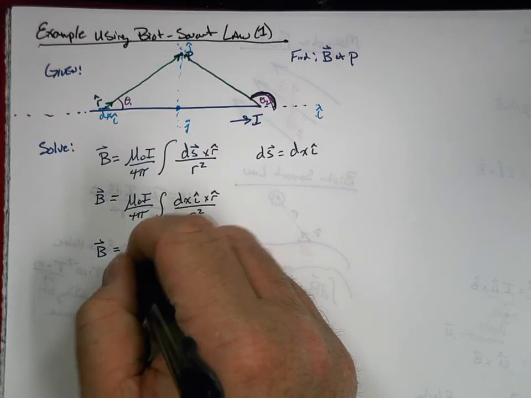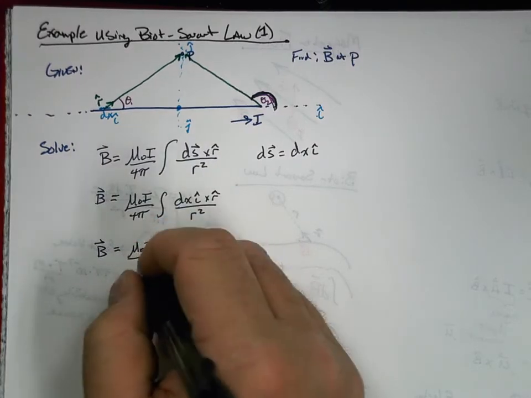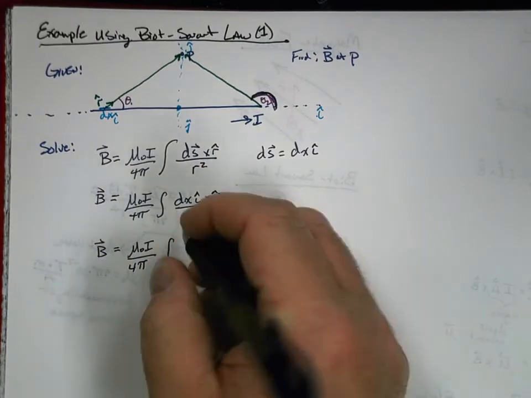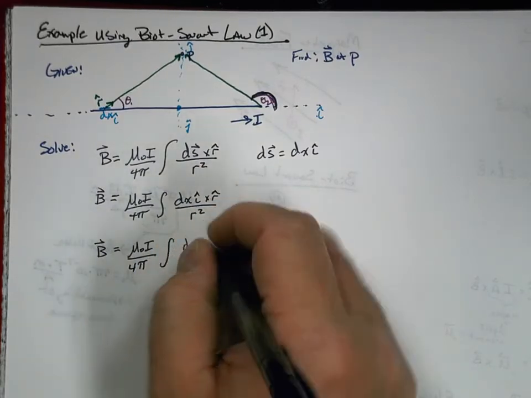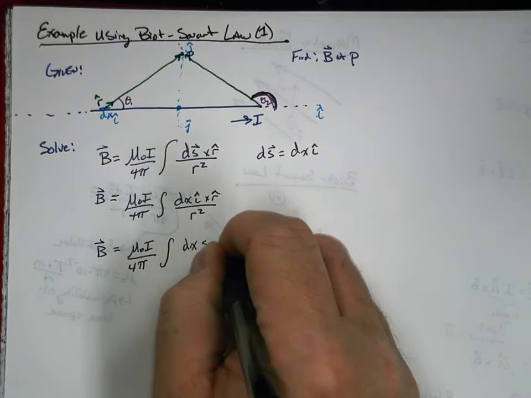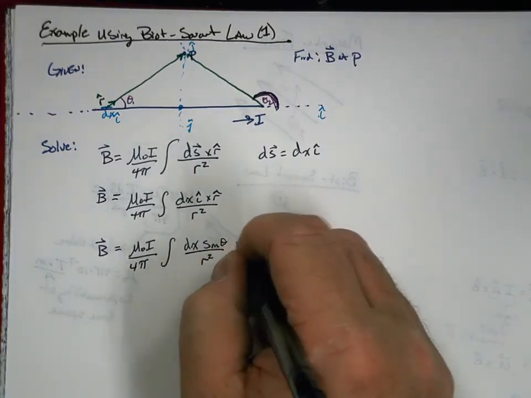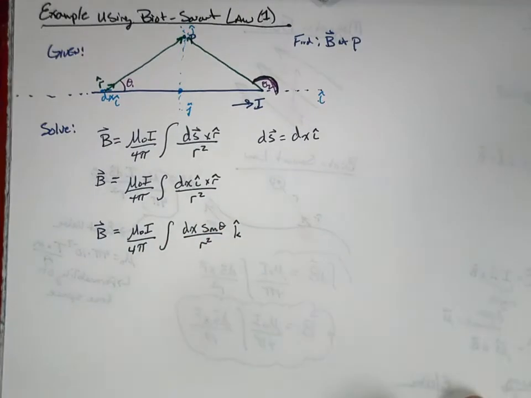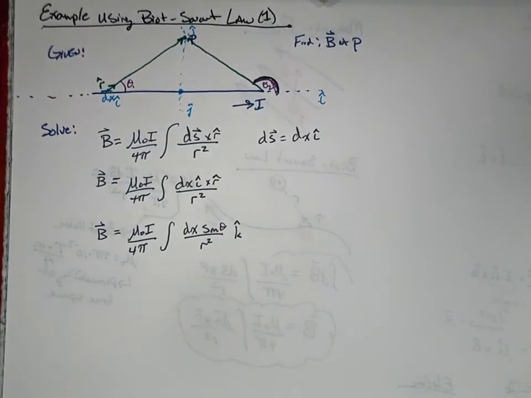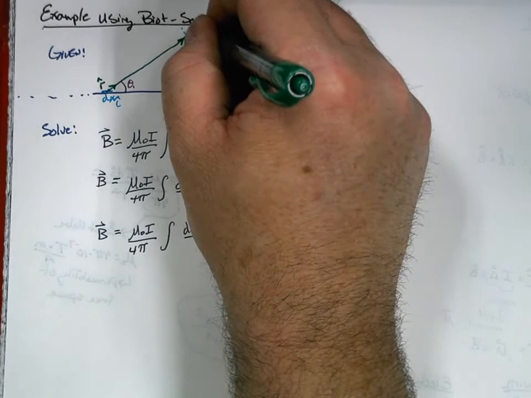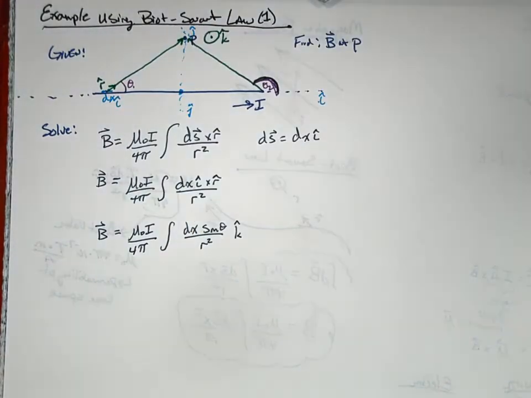So B is going to equal mu naught I over 4 pi integral of dx sine theta over r squared in the k hat direction. All right, now this should make sense. We've identified that the field acting on this is going to be in the k hat direction.